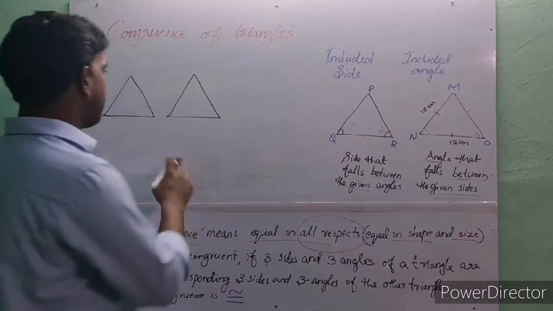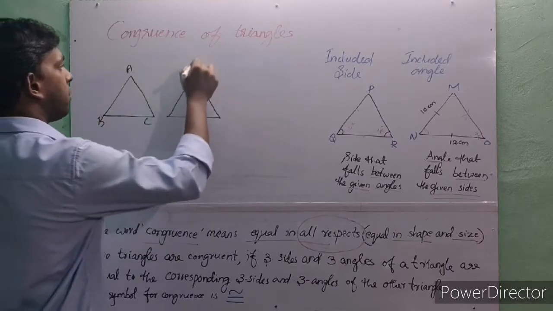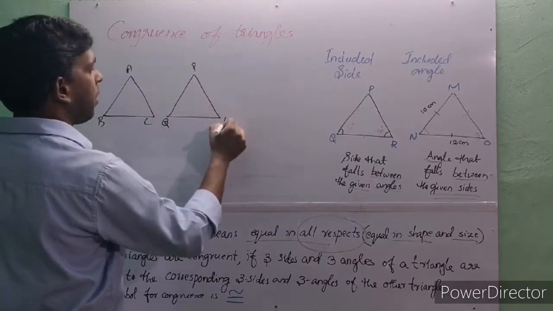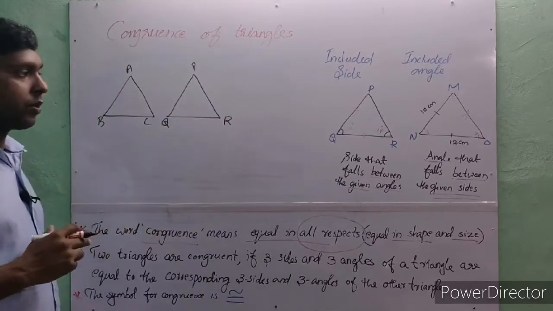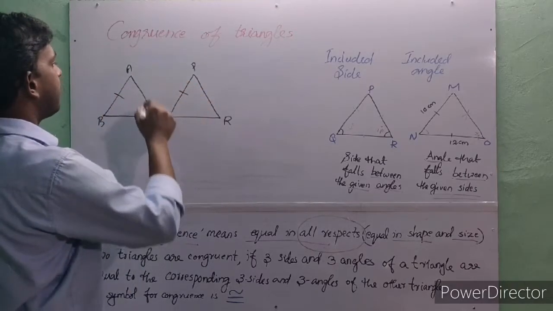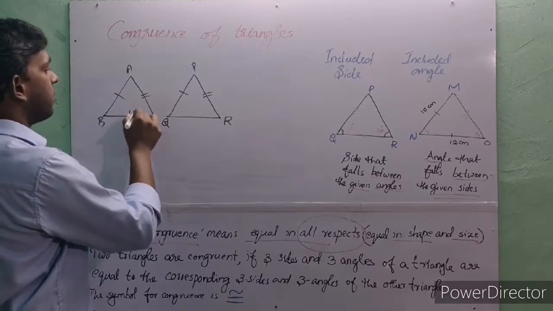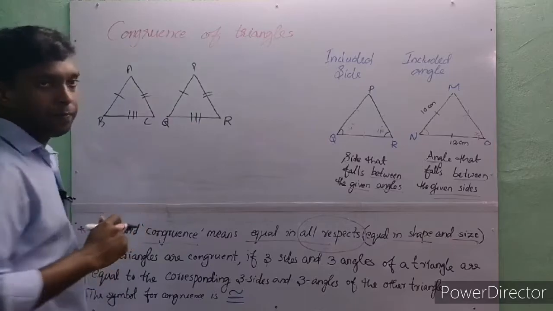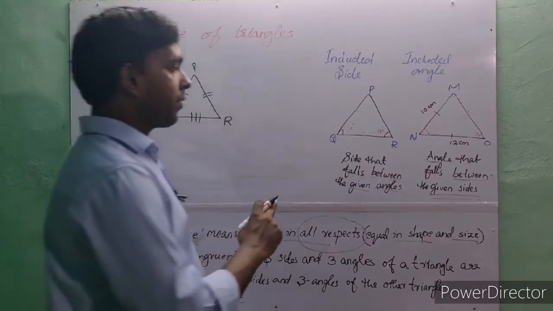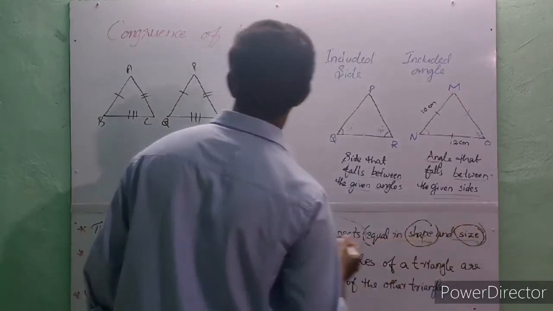I have drawn here two triangles which almost look alike. If these two triangles ABC and PQR are to be congruent to each other, this side should be equal to this side, and this side equal to this side. The sides, shape and size must be clear.